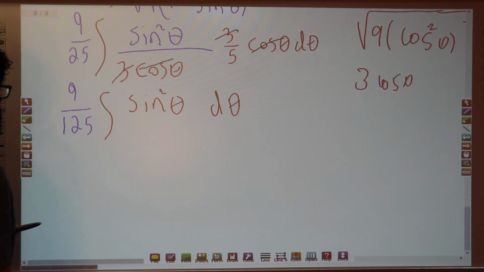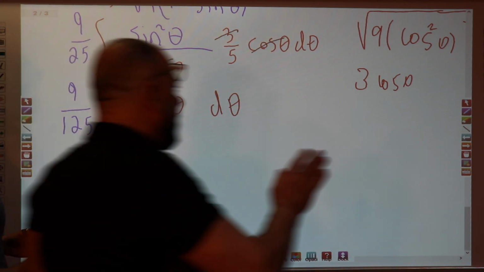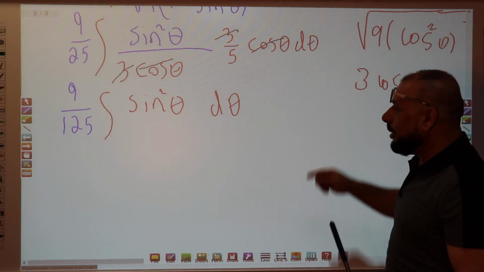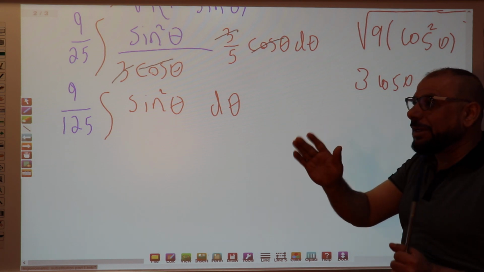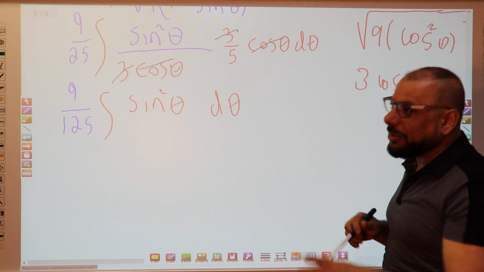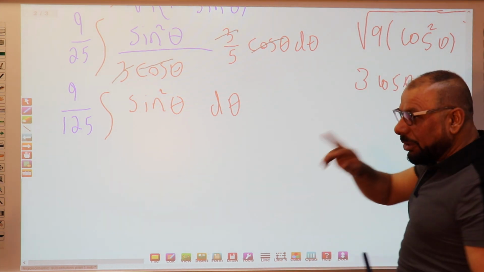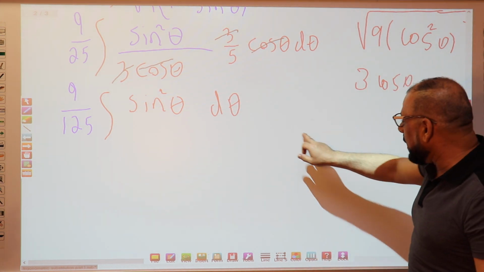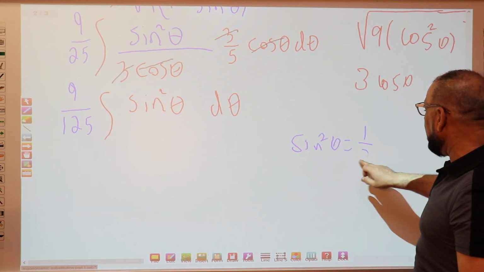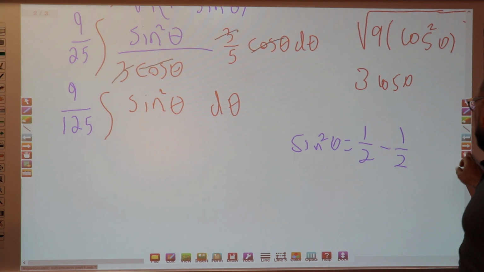Now, sine square, that's my turn now, Ismail, because he has to memorize. I'm going to do one class for identities. I told him to watch my trig identities classes. Sine square theta equals what? 1 half minus half cosine 2 theta. I just give it to you.